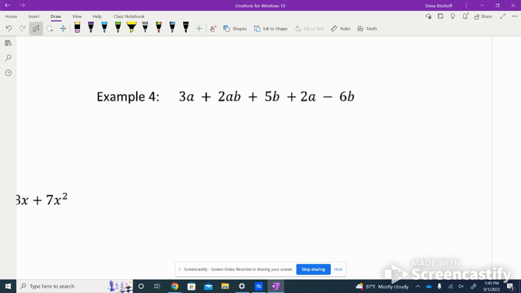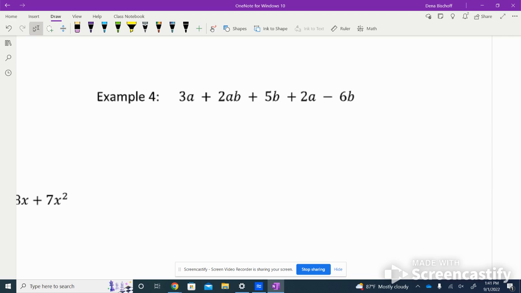So what is 3a plus 2a? 5a. Does that make sense? 3a plus 2a is 5a. Is there another term that looks like this? No. So what do I do with it? Leave it isolated. Just bring it down. It just gets added because it has no matches.